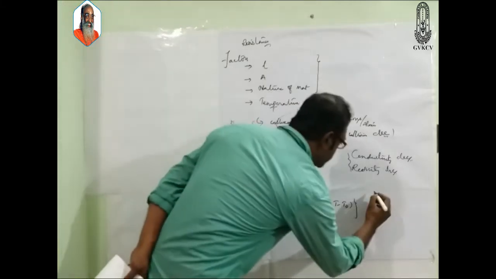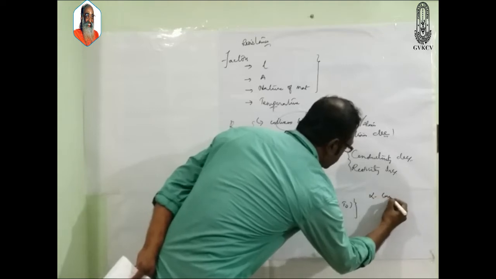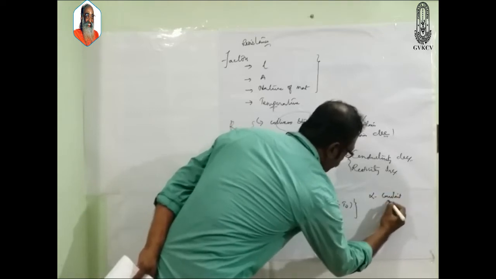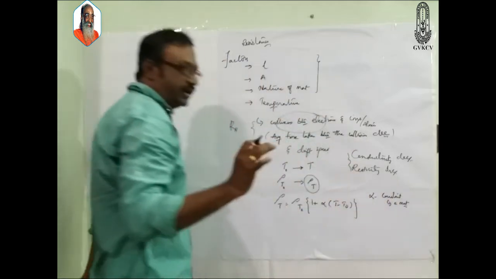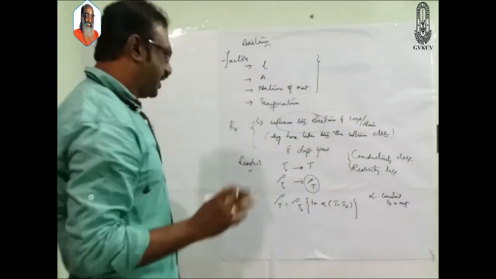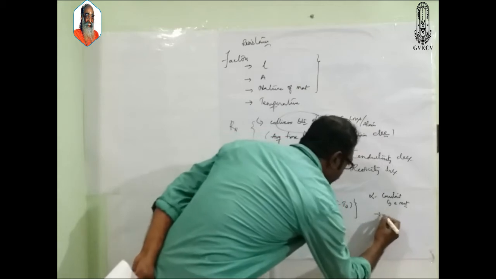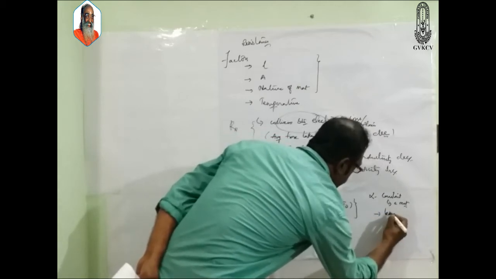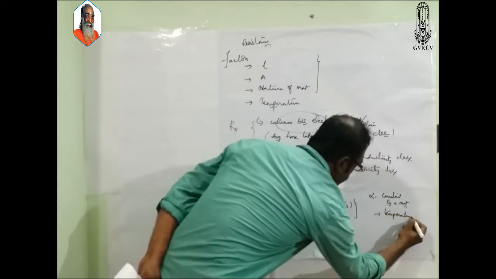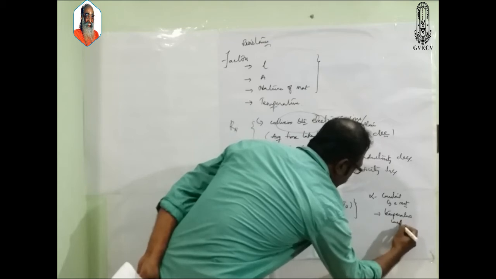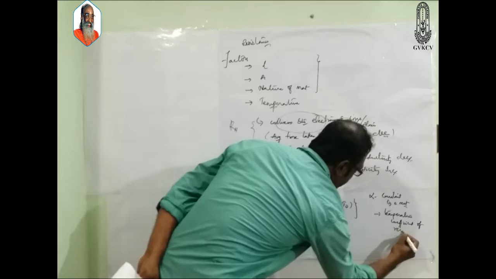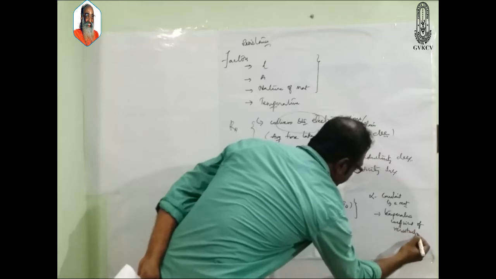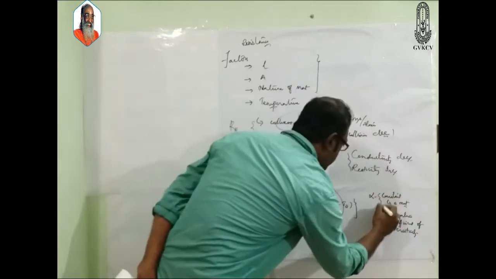Here alpha is a constant for a material. And what is this called? It is the temperature coefficient of resistivity. So this is your alpha here.